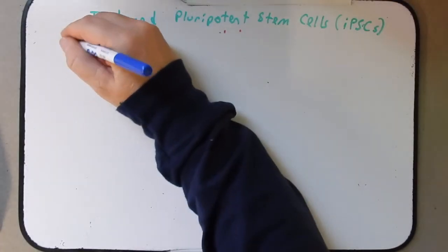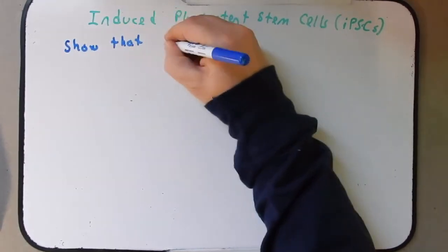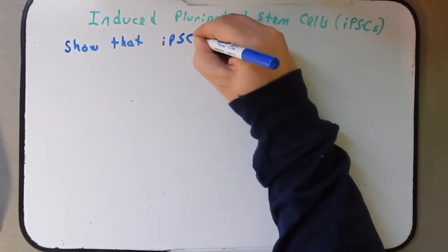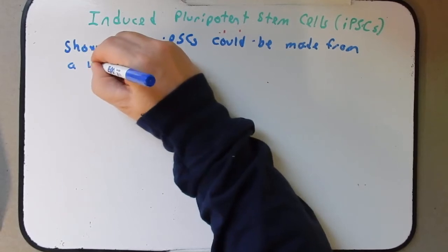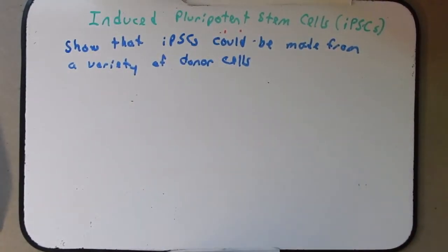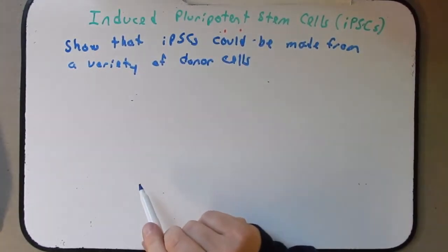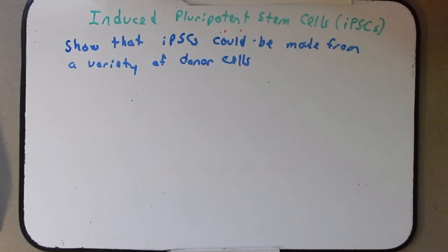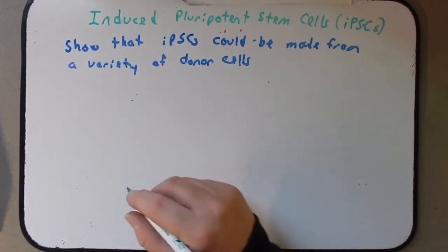The next thing they wanted to do was to show that iPS cells could be made from a variety of donor cells: partially specialized cells, fully specialized cells. They wanted to show that we could make iPS cells from almost any cell type. Now we don't know if we can make them from any cell type, but we do know that if we take the following cells, they can be converted into iPS cells.